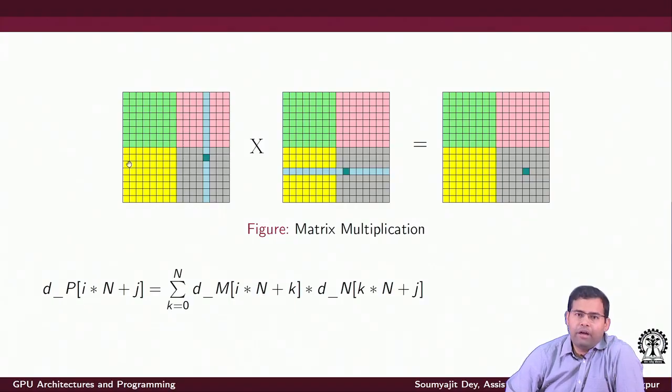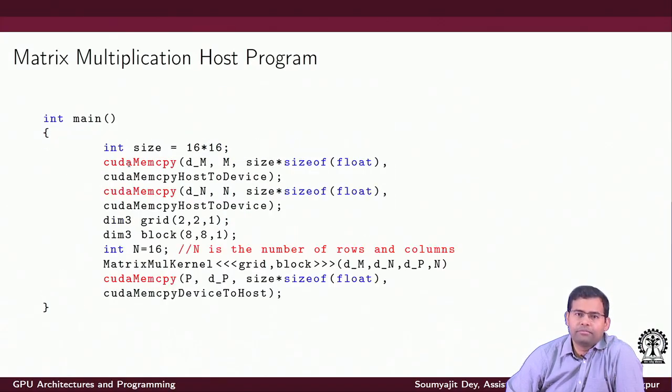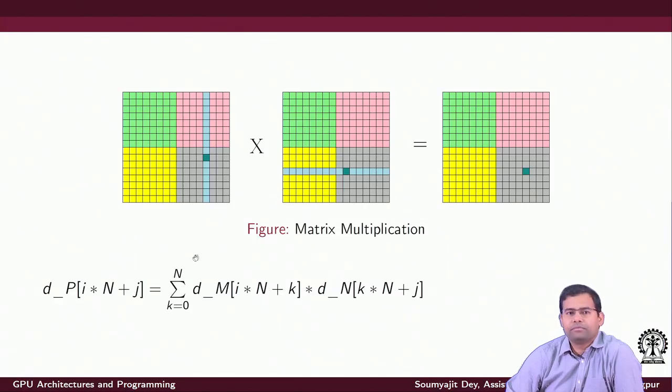So now have a look at the original code here. You have defined a grid containing 4 thread blocks, right? And for each thread block you have got a block of 8 cross 8 size. That means you have got 64 threads executing. So this is how it's going to be arranged.